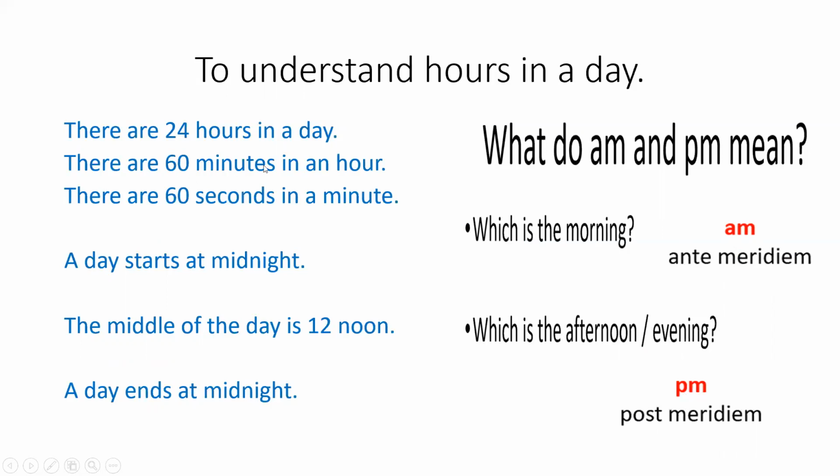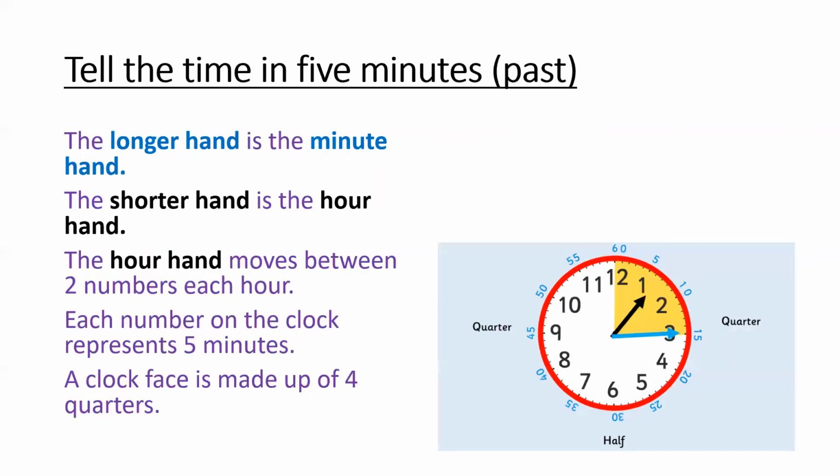There are 60 minutes in an hour, and I'll prove that when we look at a clock, but we need to remember 60 minutes in an hour, and just the same, there is 60 seconds in 1 minute. There we are. So there are all our facts.